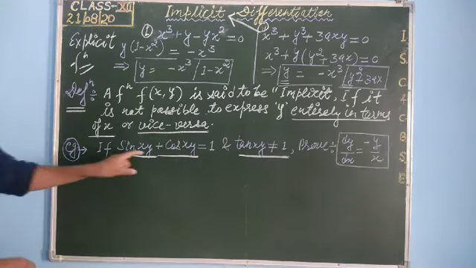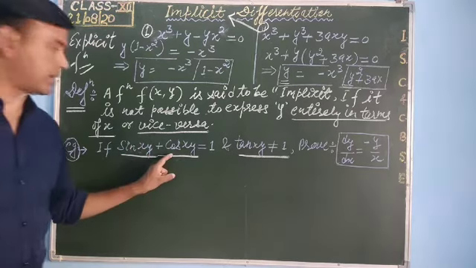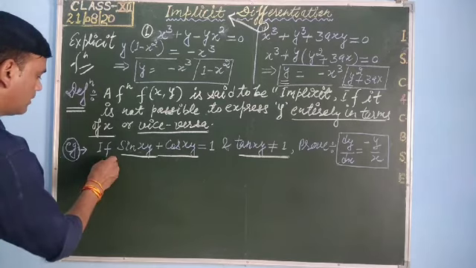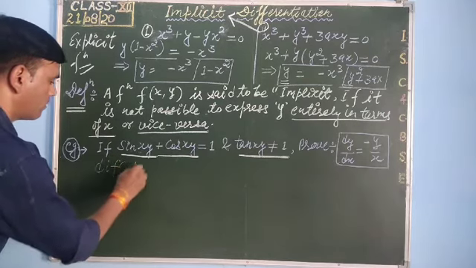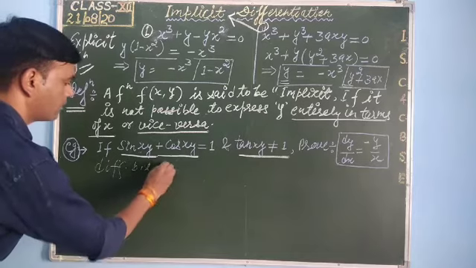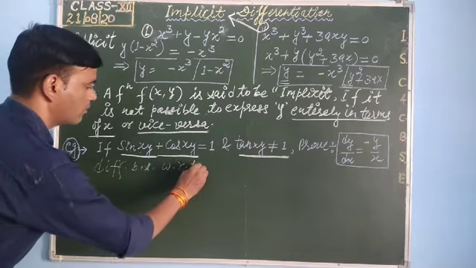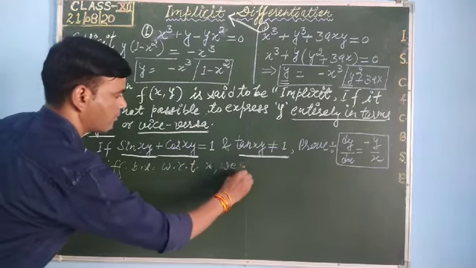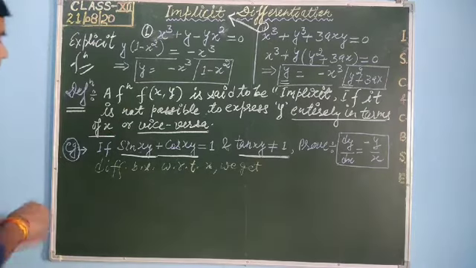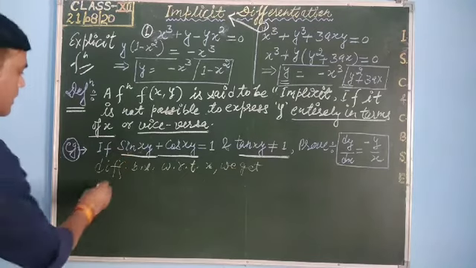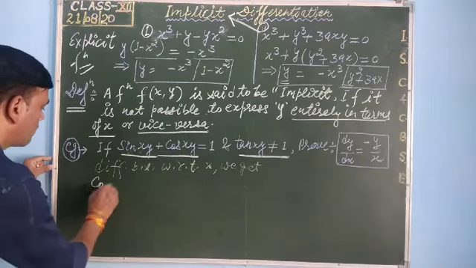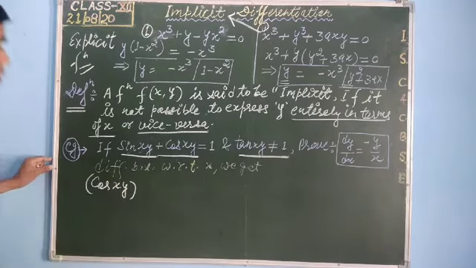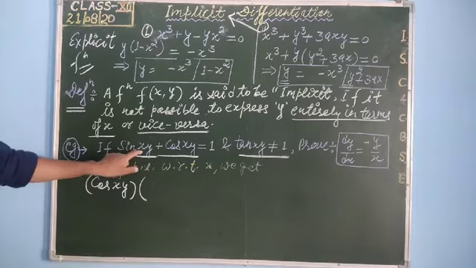Now we will try to differentiate this implicit function. Differentiating both sides with respect to x, we get the derivative of sin xy is equal to cos xy, and according to the chain rule we will also differentiate this xy.